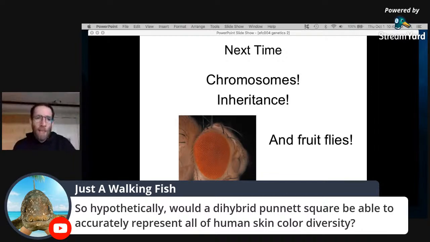Skin color, like many other traits, is what's called polygenic. You have many loci in the genome that affect it, not just one or two, and that leads to a continuum of phenotypes instead of discrete categories. The other thing is that skin color doesn't, strictly speaking, exhibit dominant or recessive relationships.